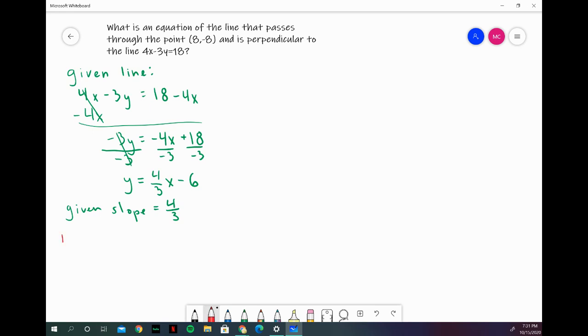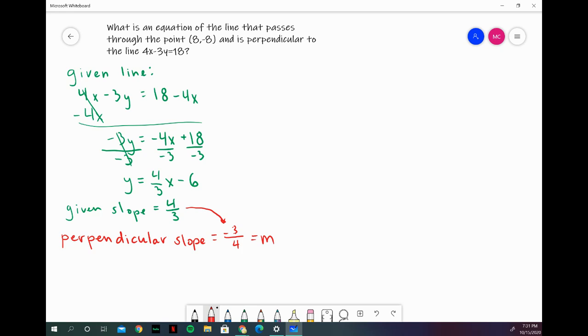This means that my perpendicular slope would be equal to the opposite reciprocal of that, the negative reciprocal. So if I negate this and flip the fraction, I get negative 3 divided by 4. And that is going to be my m.